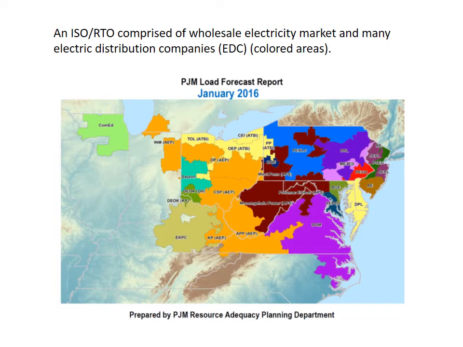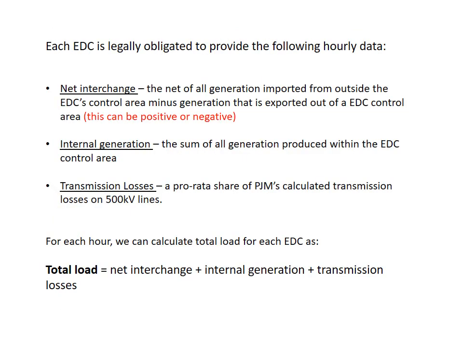And so this is a map of PJM, which is a large wholesale electricity market, an ISO RTO, which is made up of lots of individual utilities. And all those individual utilities have different colors here. So each of those different colors we call an electric distribution company, an EDC for short.